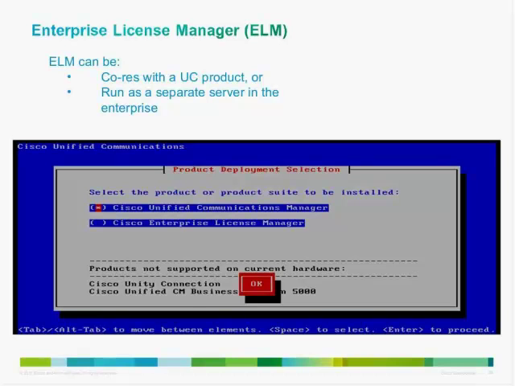But if you select the second option, Enterprise License Manager, it's going to install only the Enterprise License Manager. So depending on your requirement, say if it's a 2-node or a 3-node cluster, you may want to use the first option, have both the ELM and the call manager reside on the same server, or you can change it as per your requirement.